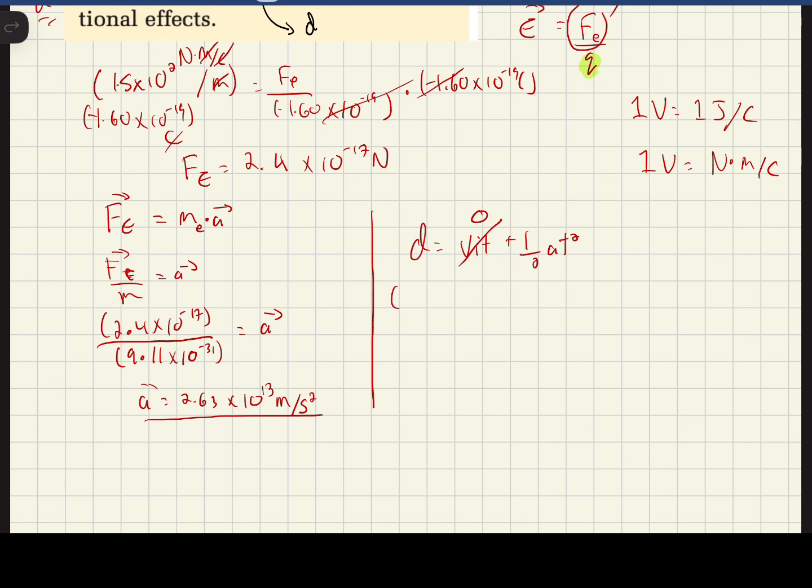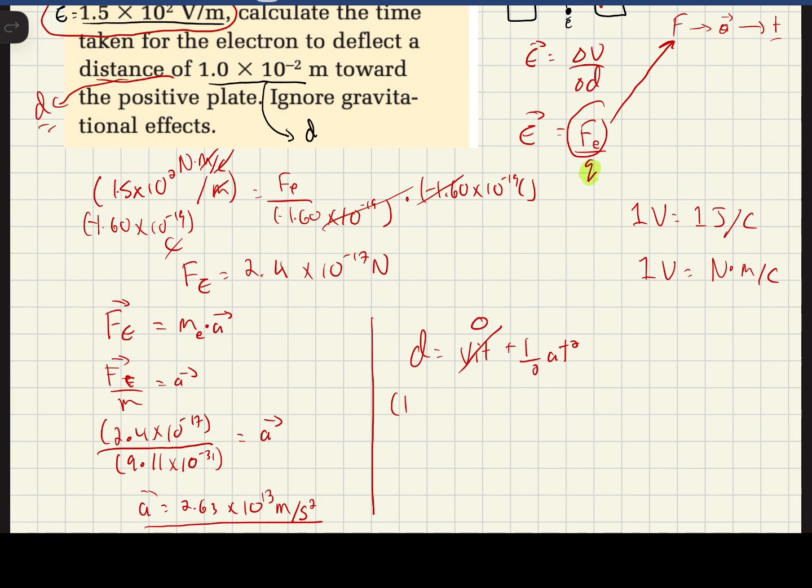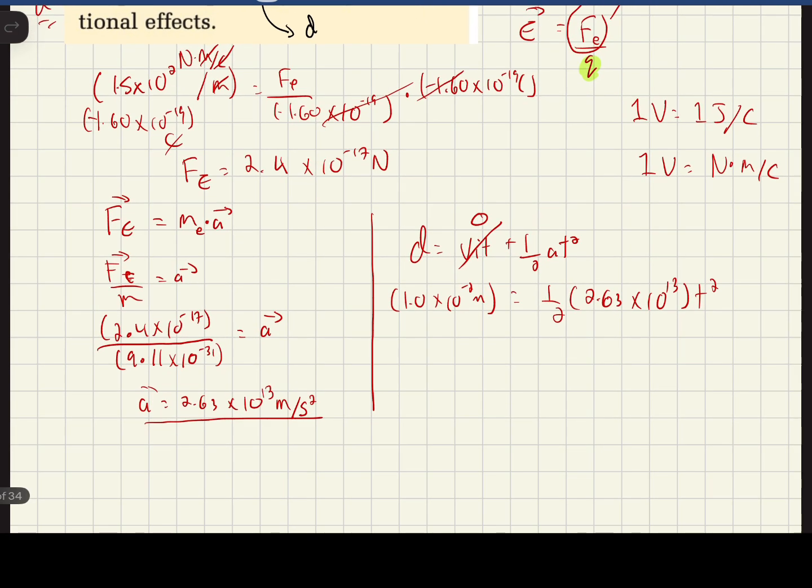And then we're going to plug in that distance that they gave us, 1.0 times 10 to the negative 2. And that's going to be equal to half, and then the a is 2.63 times 10 to the 13 meters per second squared. And then we're just going to isolate for t, and this would be our final answer here.